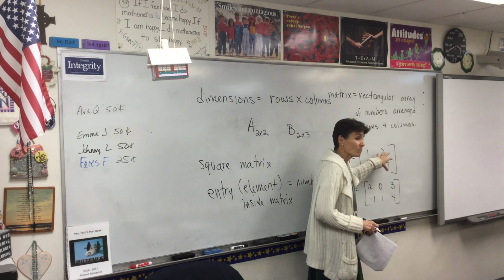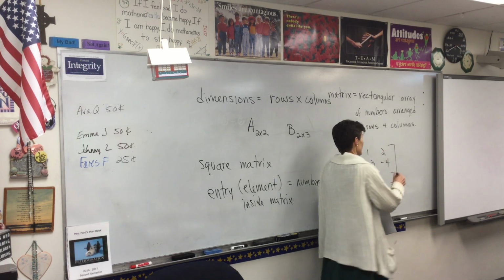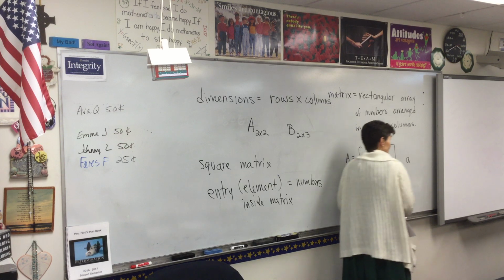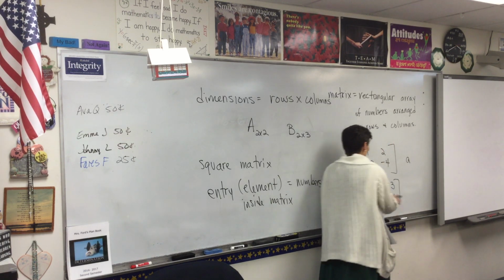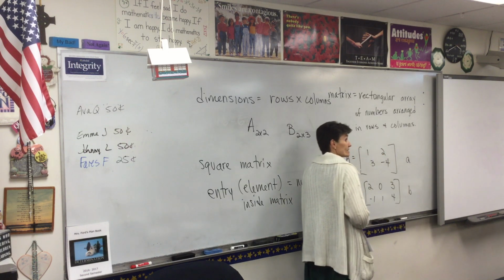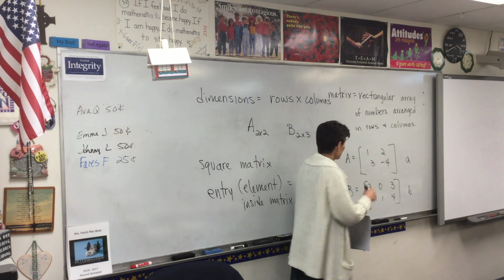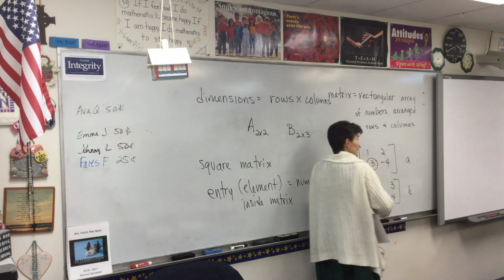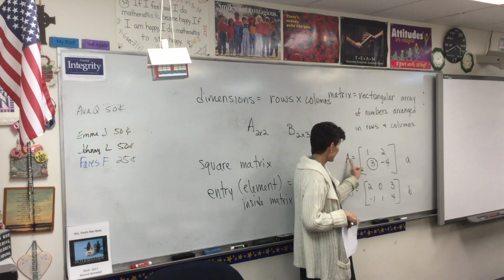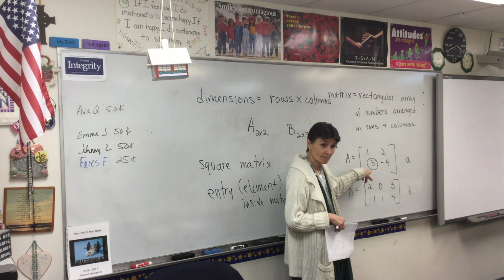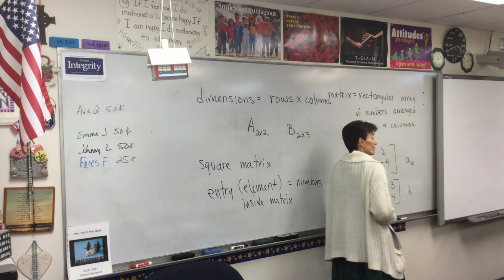When we talk about them, if they are in matrix A, we'll use a lowercase a to identify that. That means I'm looking inside matrix A or I'm looking inside matrix B. If I wanted to talk to you about this number right here, I would use a lowercase a, because that number's inside matrix A. And then I would put a subscript on it that was 2-1.